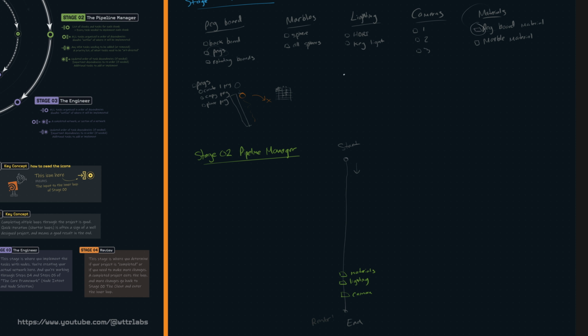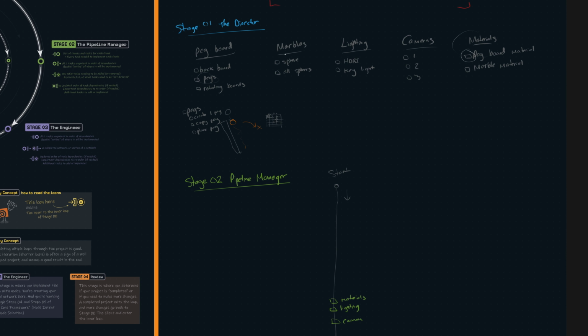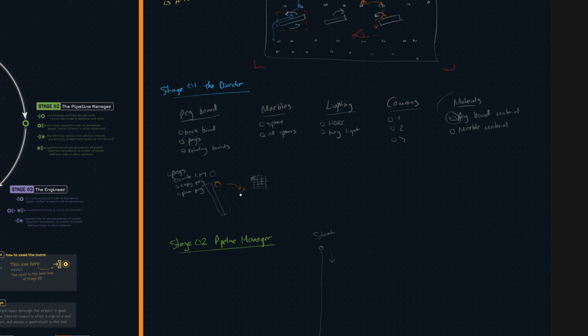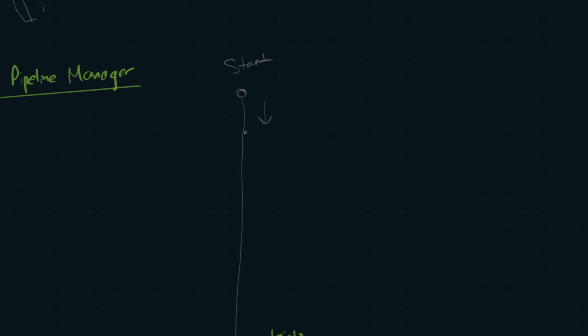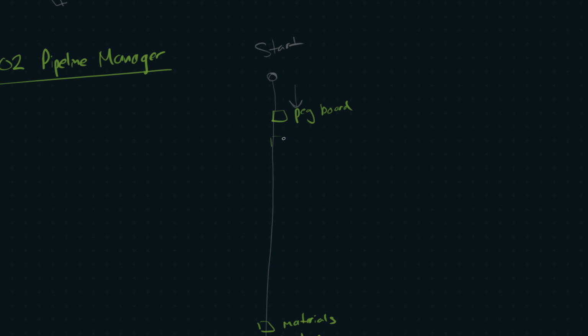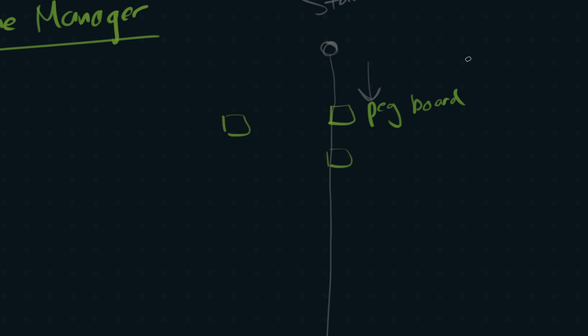And now I need to have a pegboard and marbles and then a simulation. So one pegboard might be at the very top. Marbles, I could create those here, or I could create them here to the side. So these could be my marbles.